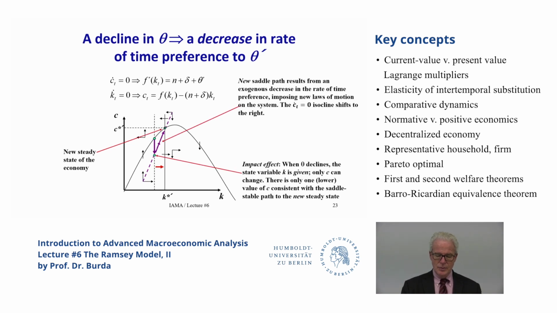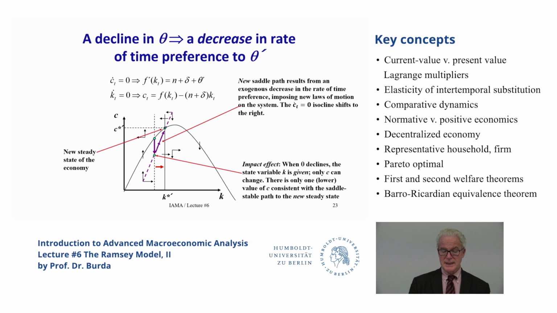Then the new curve corresponding to the effect on impact, the C dot equals 0 isocline, moves to the right, implying a new intersection given by the new green dot to the northeast of where they started.